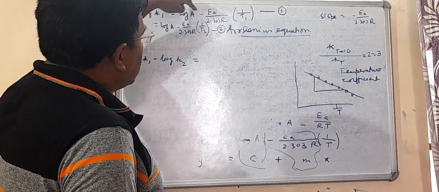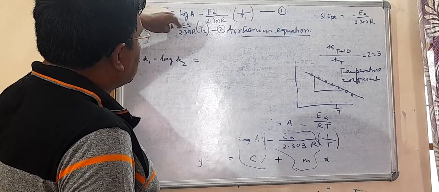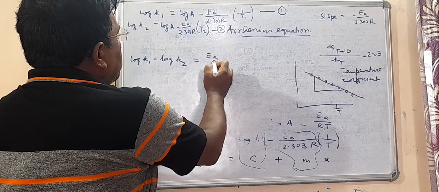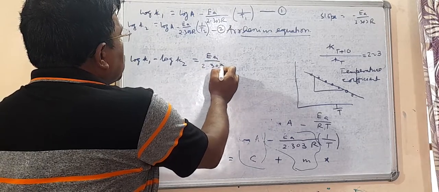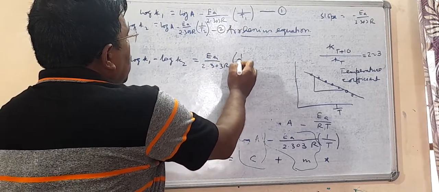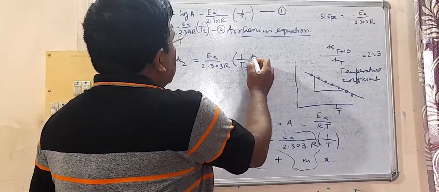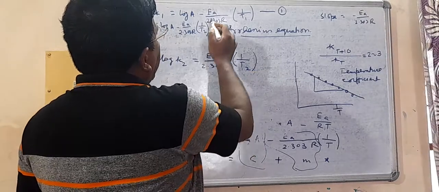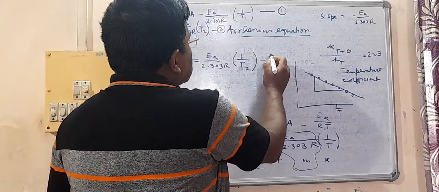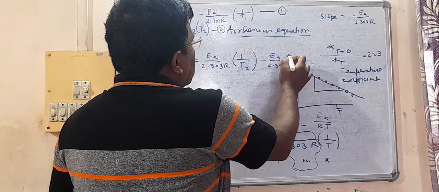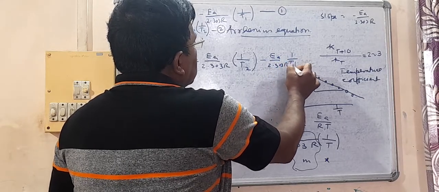When we do this minus this one, we will get plus. So let us write this first: EA by 2.303 R 1 by T2, and this one will be minus EA by 2.303 R 1 by T1.